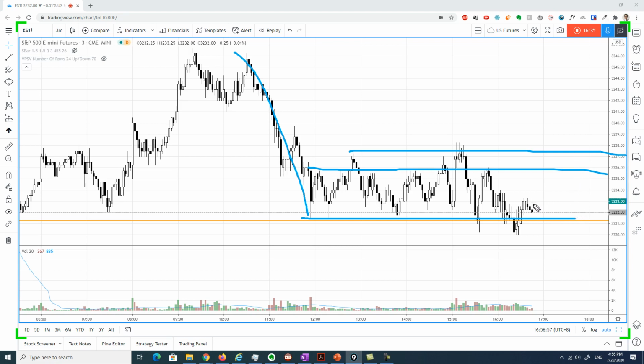But this is one of the structures that I can lean on, maybe to have another test followed by a rally up, or wait until it breaks out from this structure and then trade a reversal somewhere around 3237 or so. So I think this is a possible long trade as well.